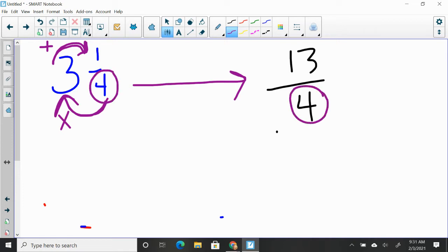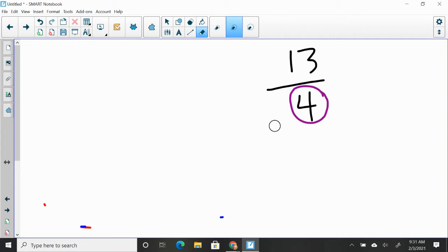Okay. So how then do I go from 13/4, or my improper fraction, back to my mixed number? Well, in the video yesterday, he was talking about this looking like a division problem.